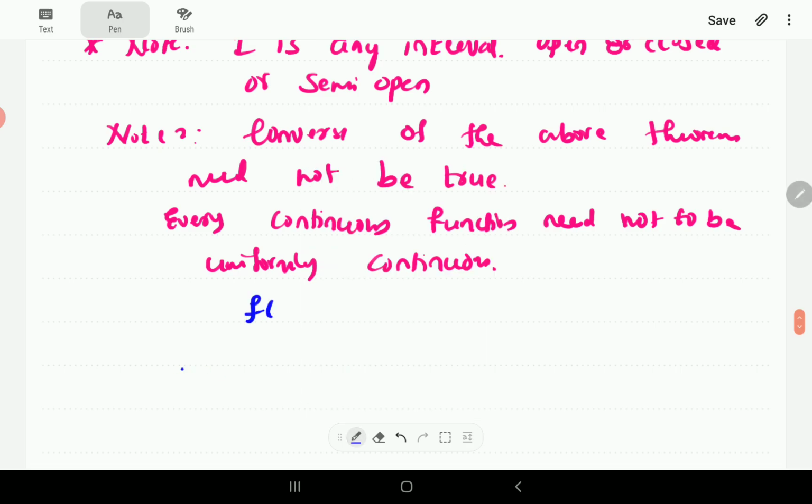Just check with this example. If I have f(x) = 1/x in the closed interval I = [a, b], where a is greater than 0, it is uniformly continuous in this particular interval.